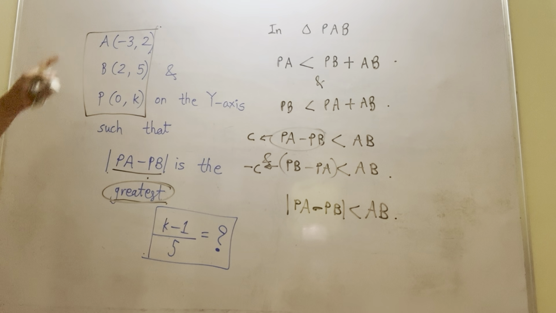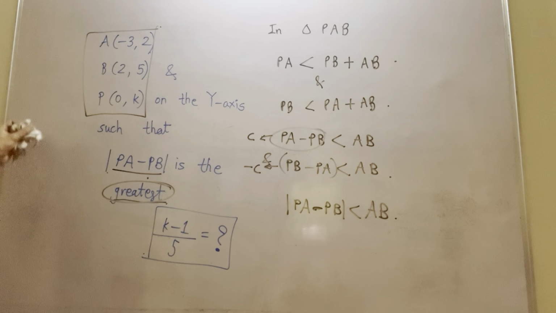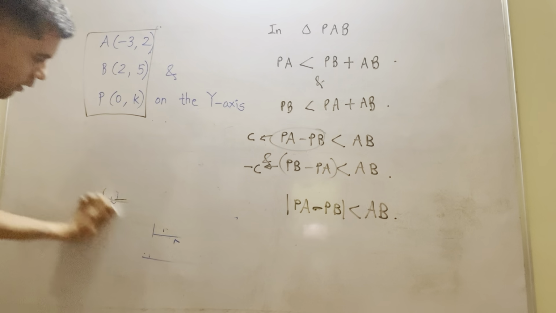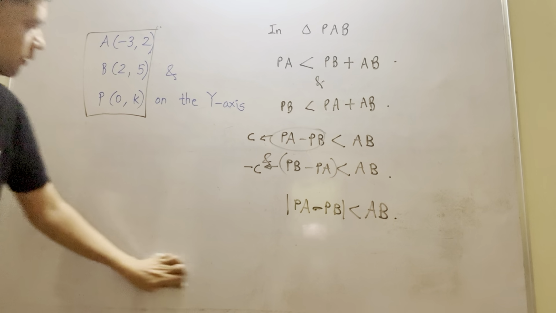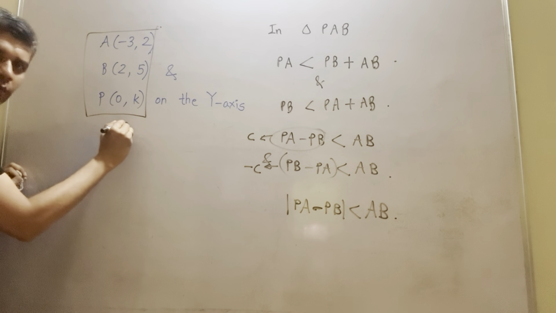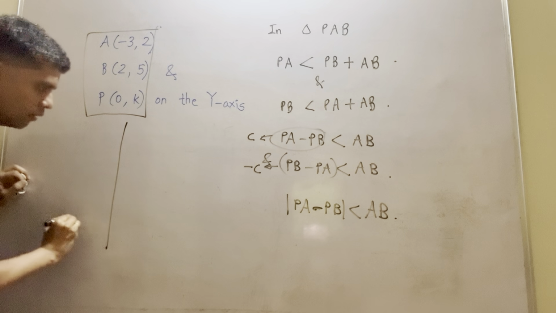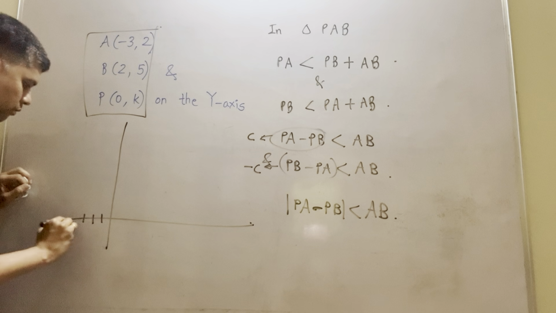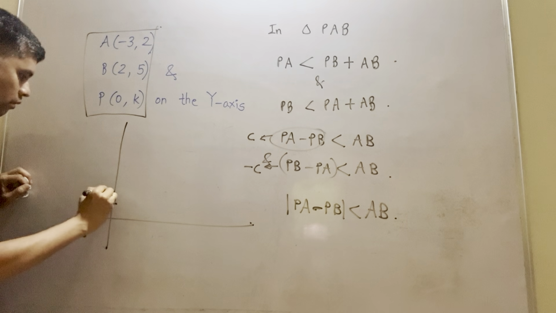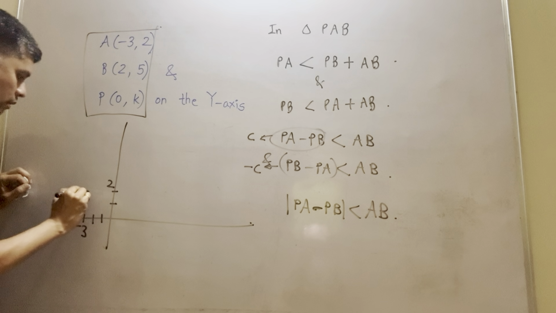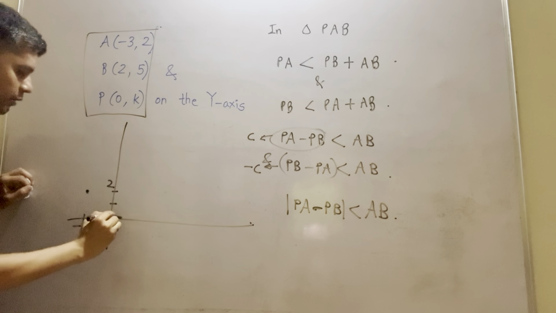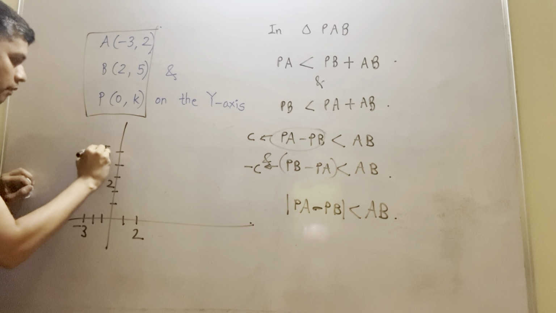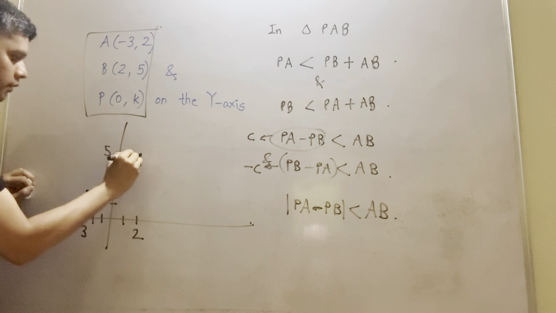I believe you have noted these down. So if you allow me to draw the picture, it will look something like this. Look at the board. Point A is minus 3 comma 2. Point B is 2 comma 5. It is here, right?